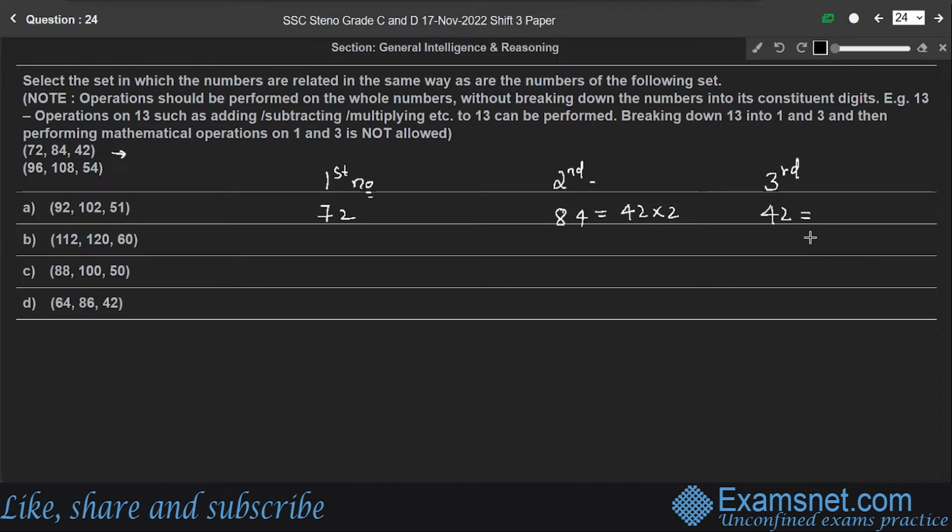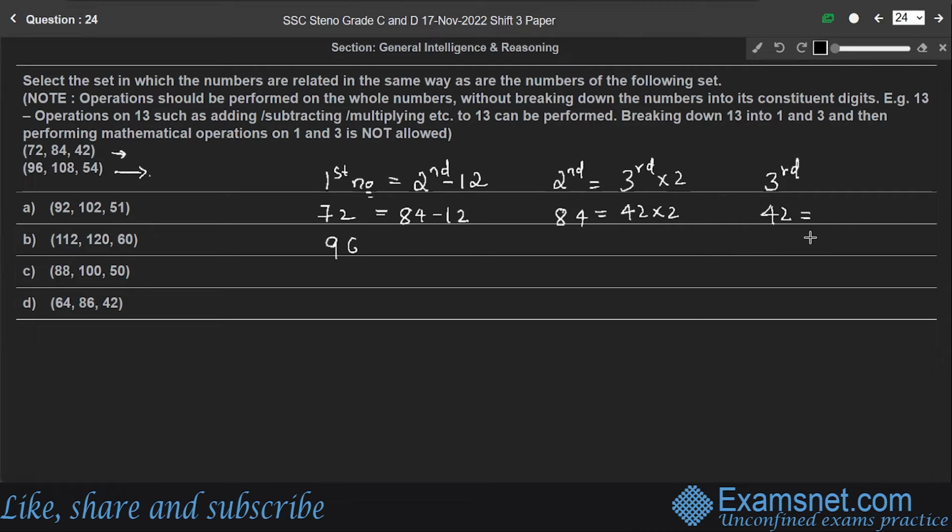So the logic is third number into 2 is the second number, whereas the first number is the second number 84 minus 12. 72 is nothing but 84 minus 12. Very simple logic. Now consider the second set of numbers, 96, 108, 54.